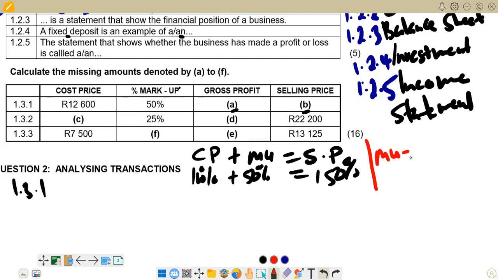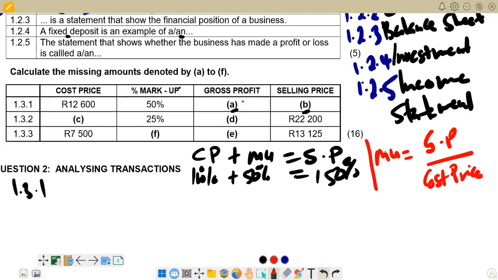Markup is equal to gross profit over the cost price. This is the formula that we use to find the markup. So this formula can also help us find this figure, that is A and B, or we can use the angle of this formula of cost price plus markup is equal to selling price. So in this case, let's start with A. With A, it means here we can find the figure for gross profit using this formula.